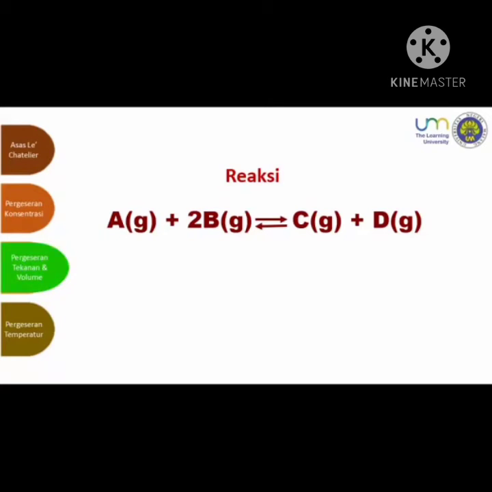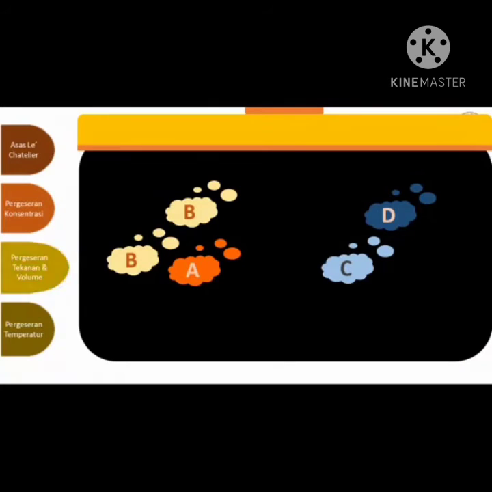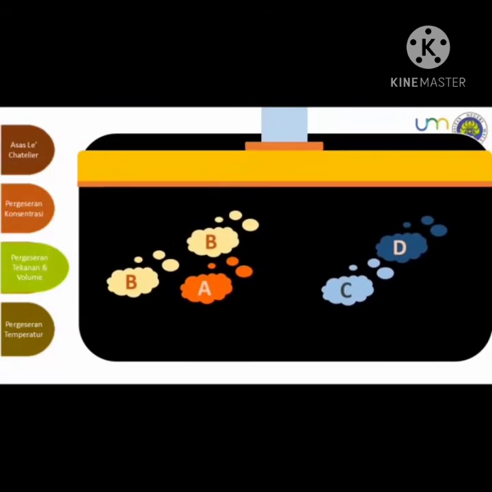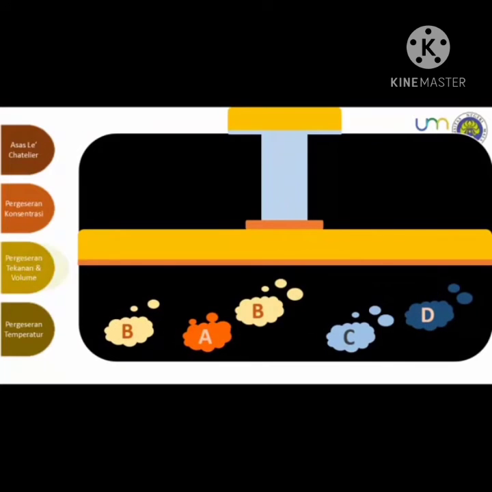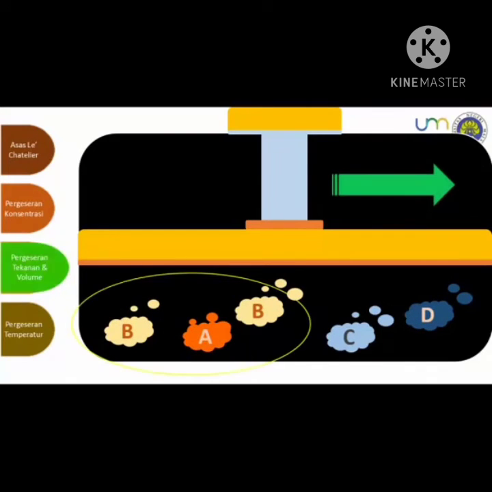From the reaction, if the pressure is increased, then the equilibrium will shift to the direction that has the smaller mole. We know that the reactant has 3 mole and the product has 2 mole.